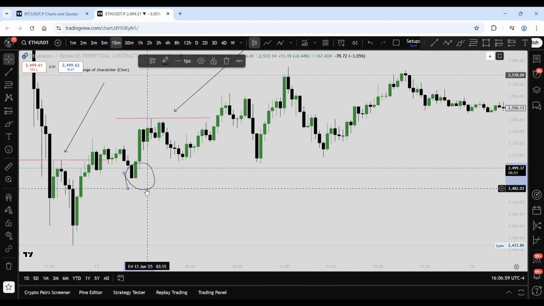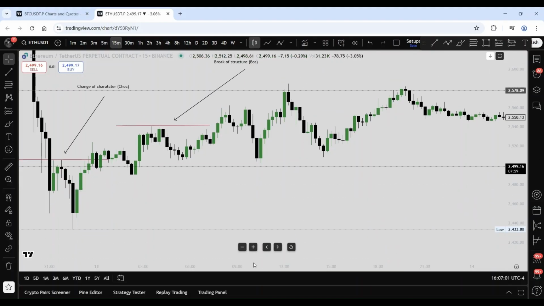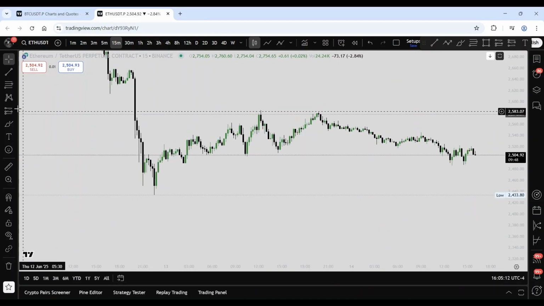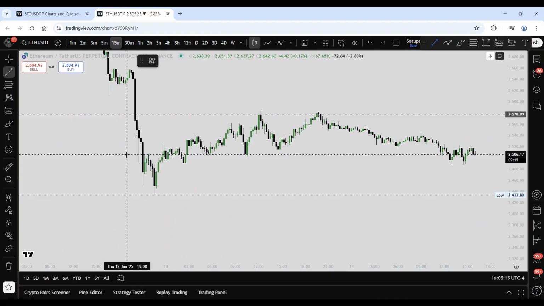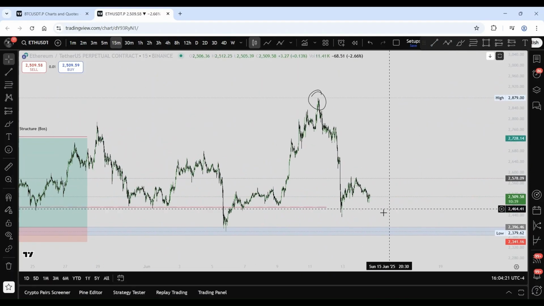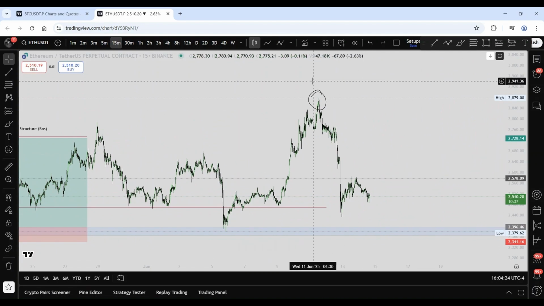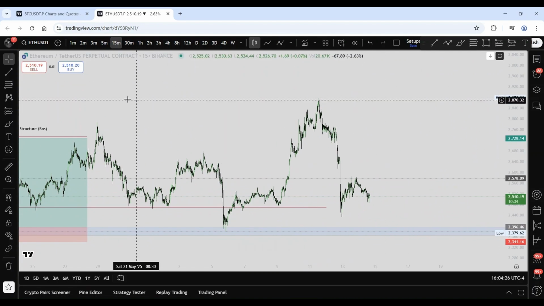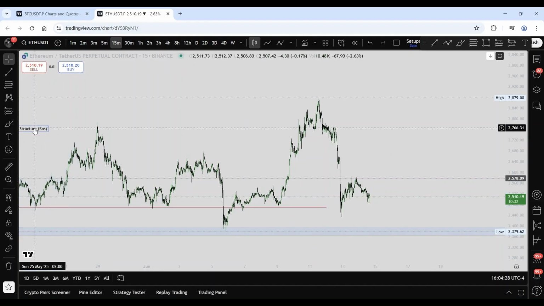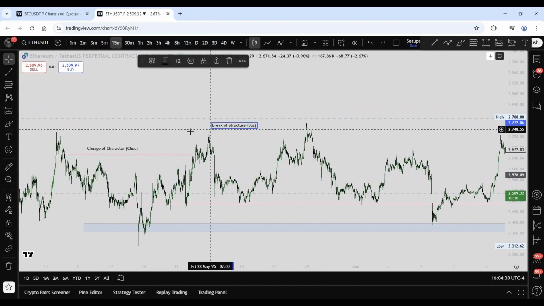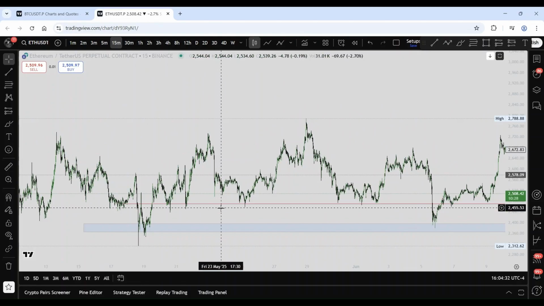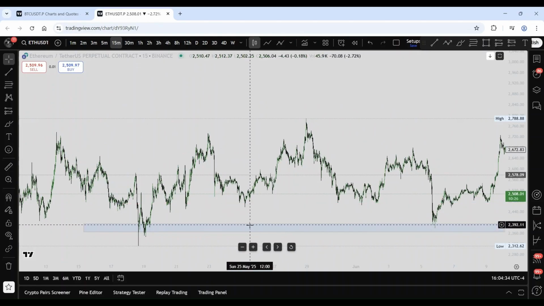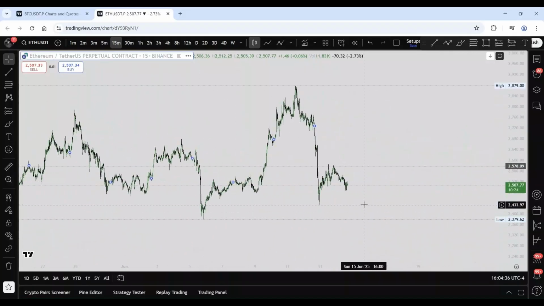Now we're going to be identifying our order block. We had a change of character. So for the scalping, we're going to be looking at the 15-minute chart, and we obviously are going to look at the daily bias.